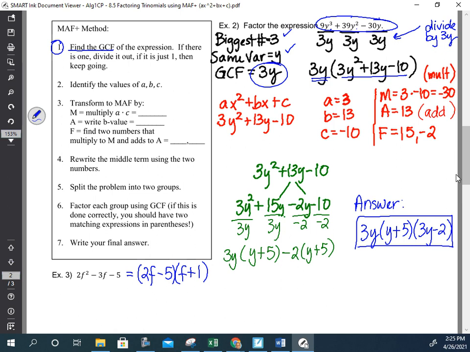So that's step one. Step one's in black. Step two, A, B, and C. Remember, A is the number in front of y squared. B is the number in front of y. C is the number with no variable.